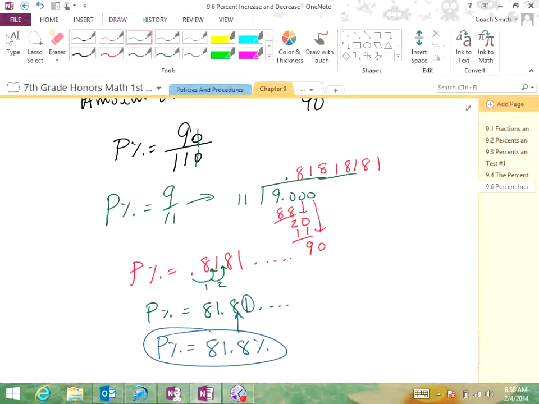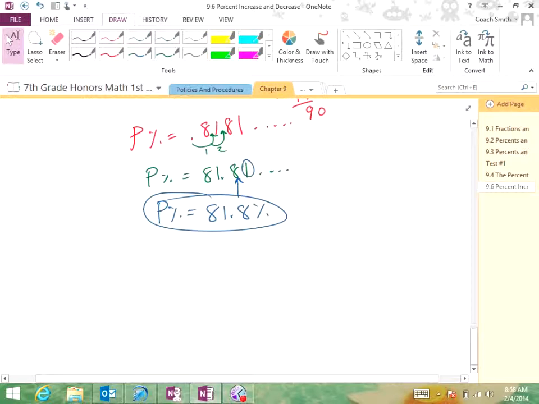Where did we mess up? Okay, yeah. So you have to divide the amount of change by the original amount.